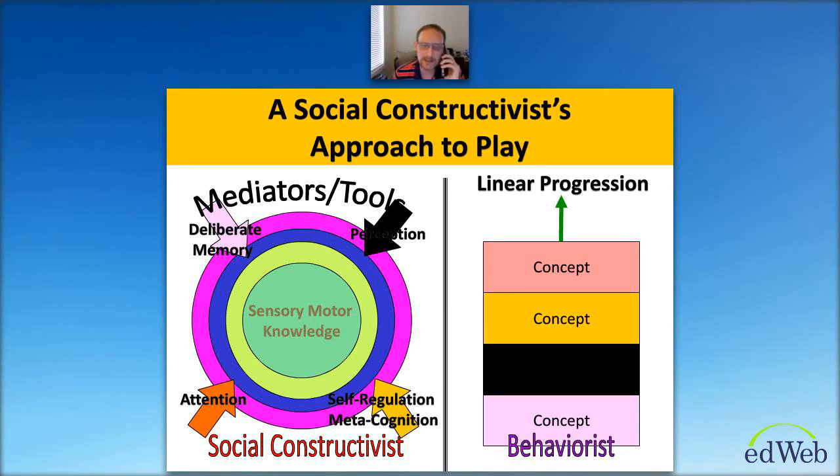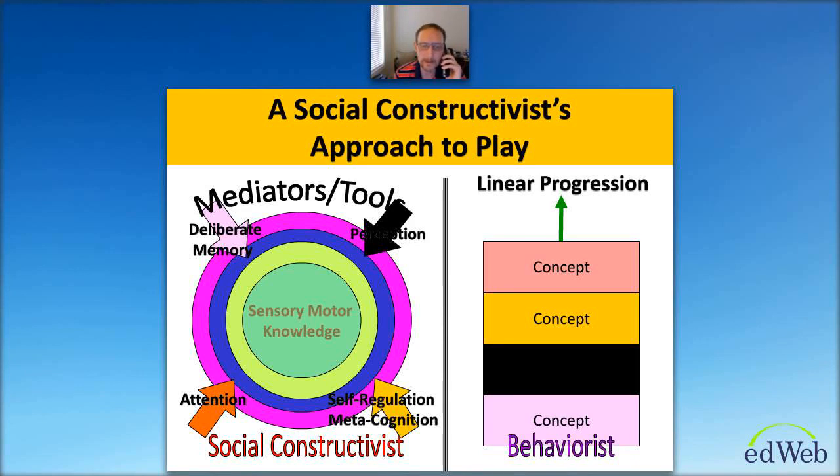If we can enhance memory, attention, self-regulation, and their ability to distinguish things in the environment, which is related to perception, if we can enhance those tools of the mind, then we can increase their capacity for learning. So it isn't just a matter of teaching, it's a matter of increasing their capacity for learning.